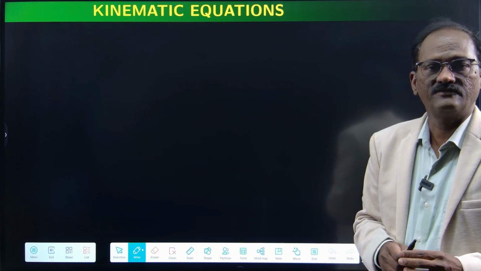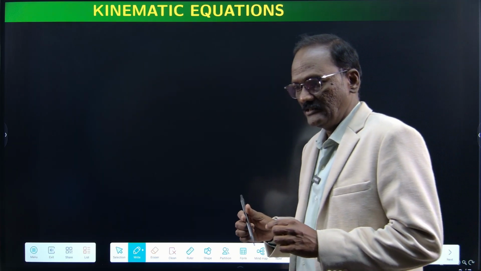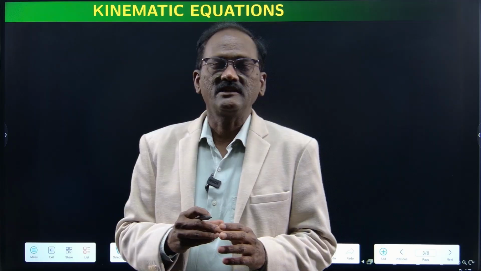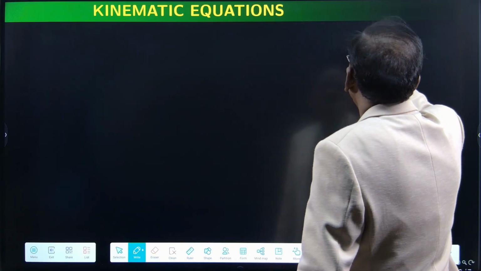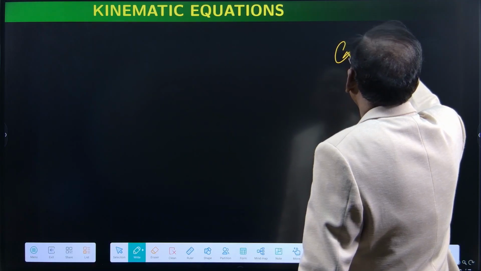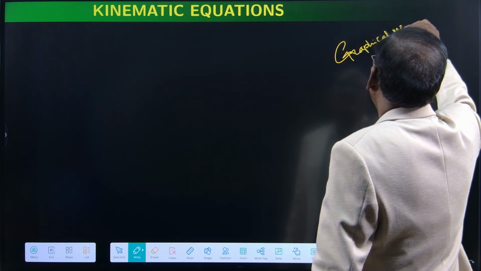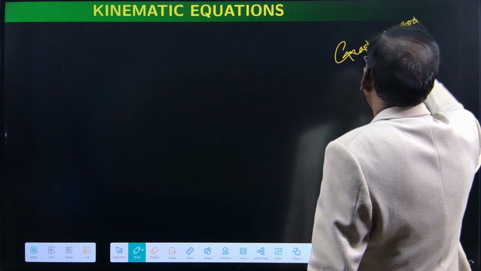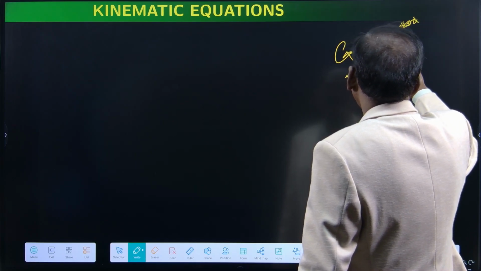Topic as far as physics subject is concerned, kinematic equations, right? Let us see what are kinematic equations and their proof. The proof can be done in two ways. One is graphical method and the other is integration method by calculus.